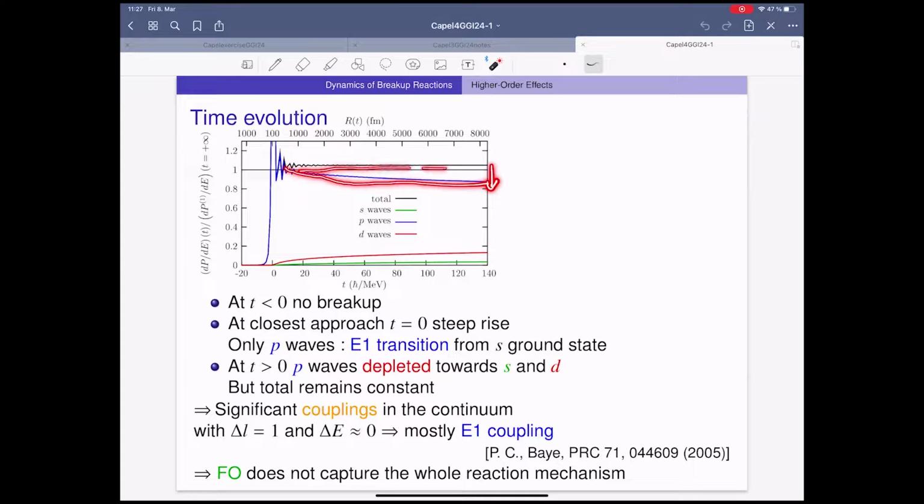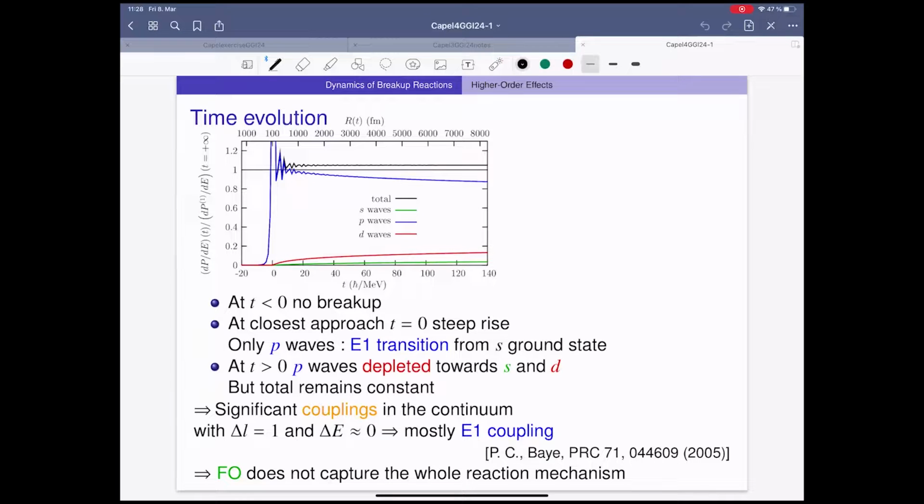The total breakup probability, the black line here, stays constant, but there is a depletion. The P wave, starting from the value of the total breakup probability, starts to decrease. And at exactly the same time, the D waves start to increase.